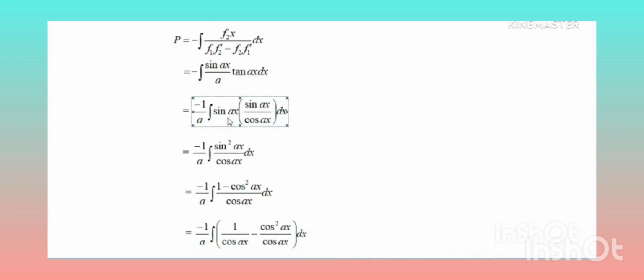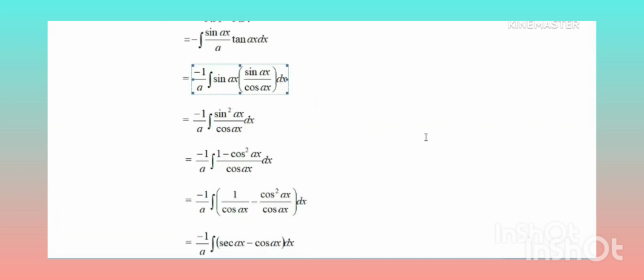So minus 1 by a integral sin ax, tan ax can be written as sin ax by cos ax, into dx. Minus 1 by a integral sin ax into sin ax will be sin square ax divided by cos ax into dx. Sin square theta can be written as 1 minus cos square theta. So minus 1 by a integral 1 minus cos square ax divided by cos ax into dx.